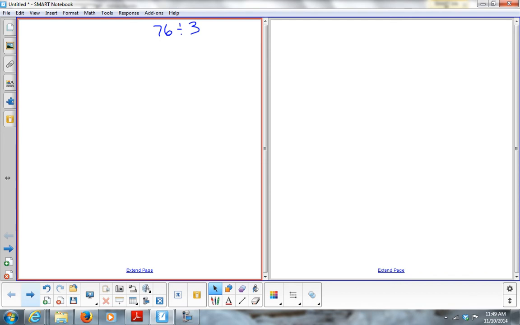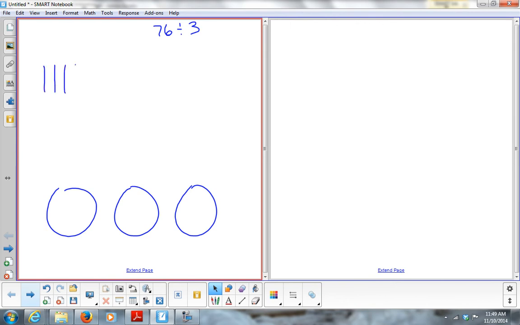Okay, so 76 divided by 3 means I have how many groups? How many circles, Esme? 3 circles. Okay, base 10 blocks. What is that going to look like, Ivan? Okay, so now how many lines am I going to have? 7. Okay, how many squares? 3.